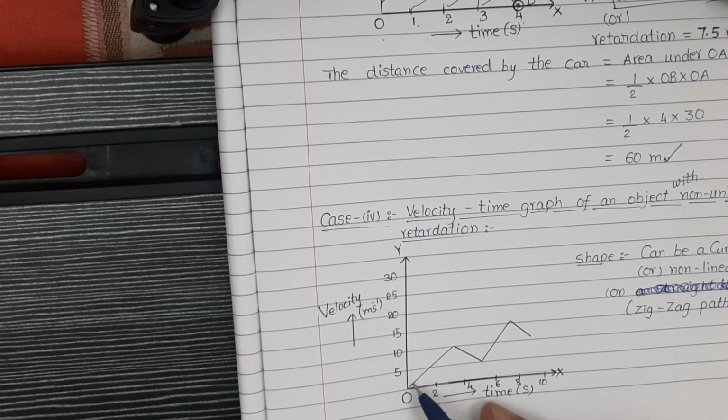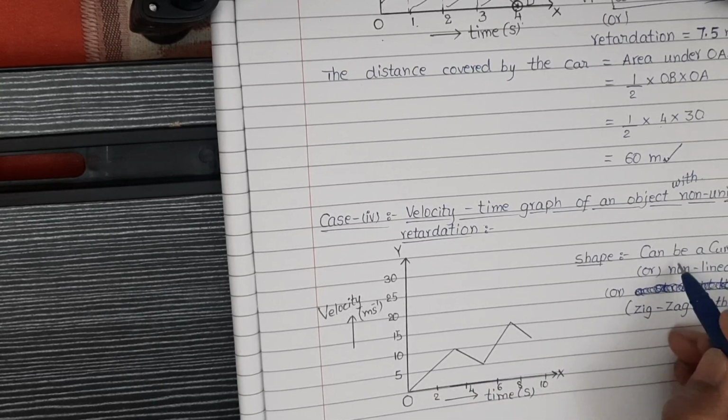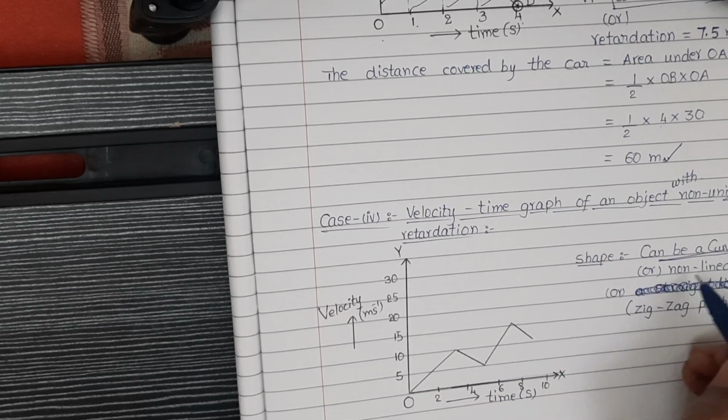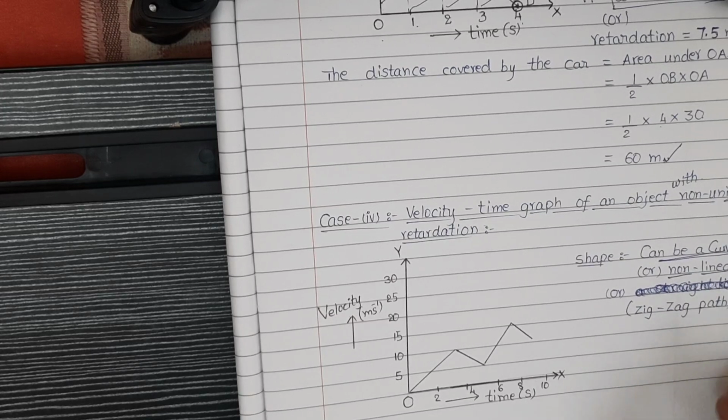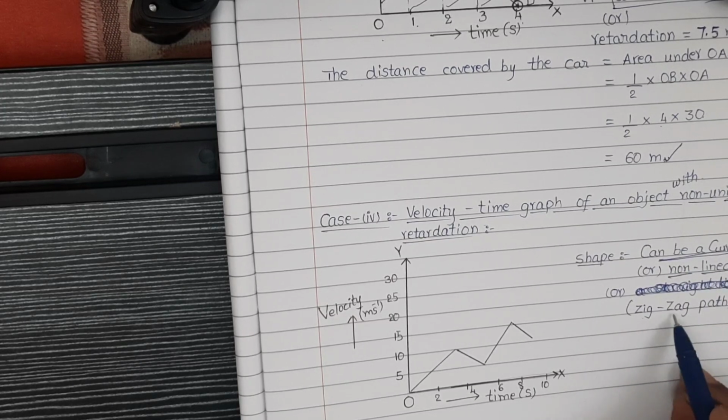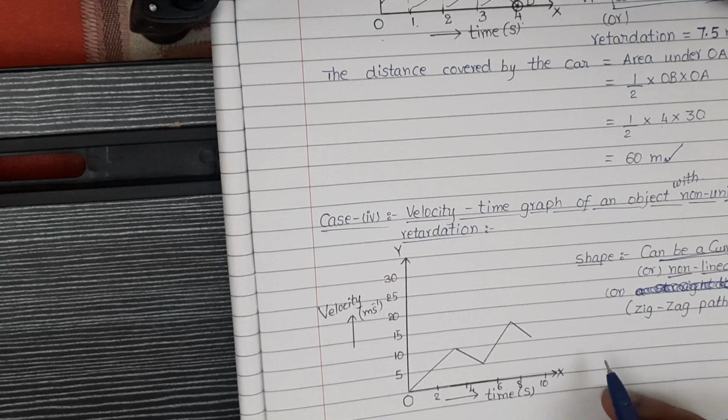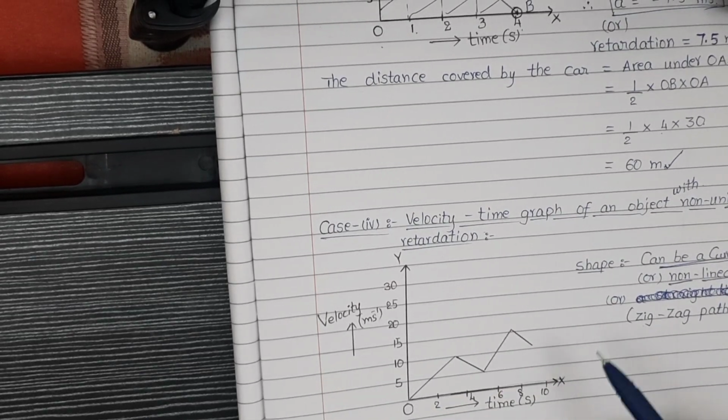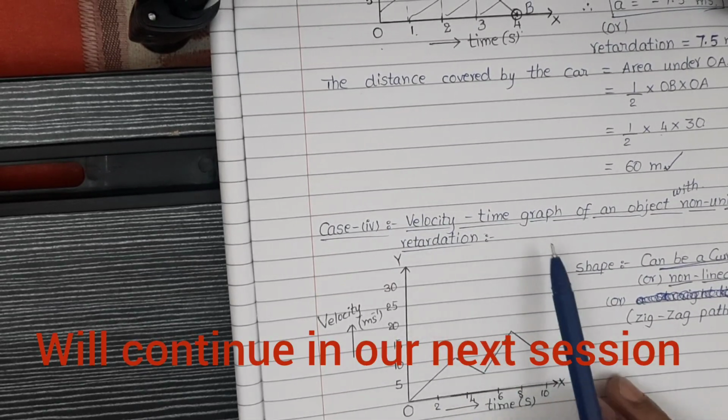That is the reason why we are going to get the graph as a curve or non-linear shape. Sometimes we can even say a zigzag path. These are the 4 different graphs for velocity versus time.